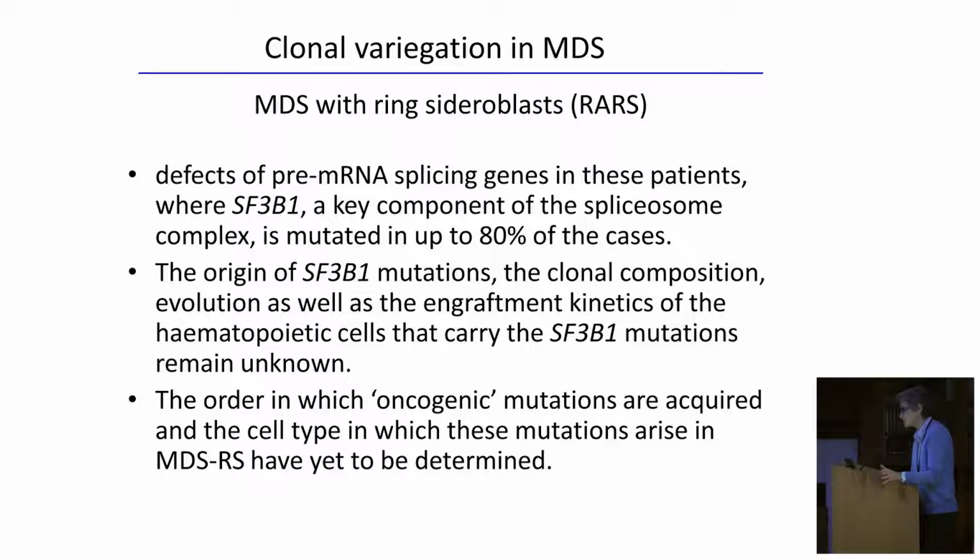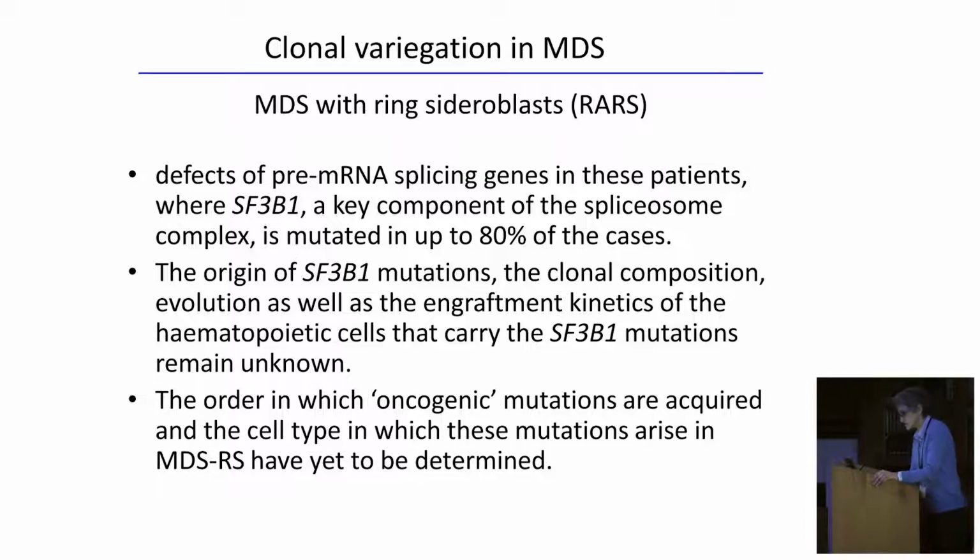As we are interested in cancer stem cells, we also wanted to see whether we can engraft these MDS patients and look at the evolution in the mice of these different clones present. But the order of the oncogenic mutations is also not known, so we thought that MDS, and specifically this subtype, could be a good start for us.